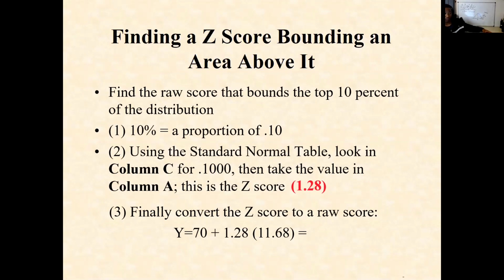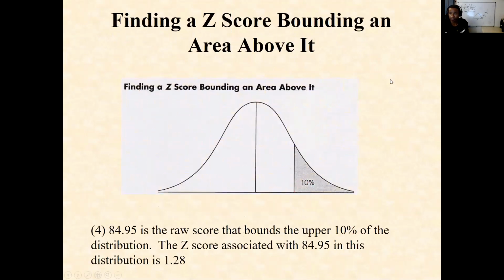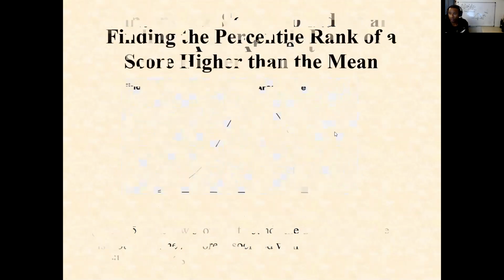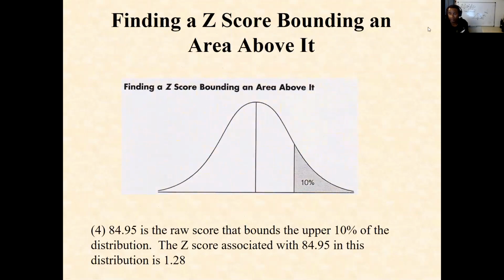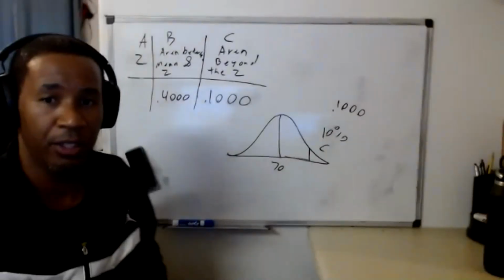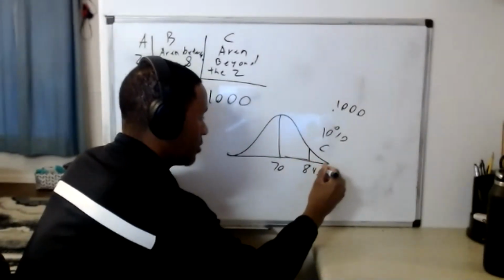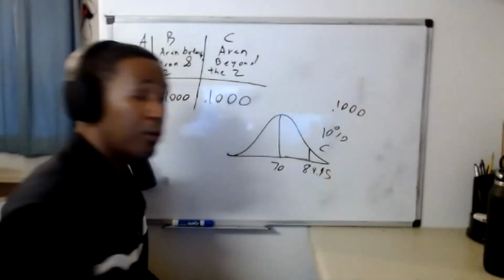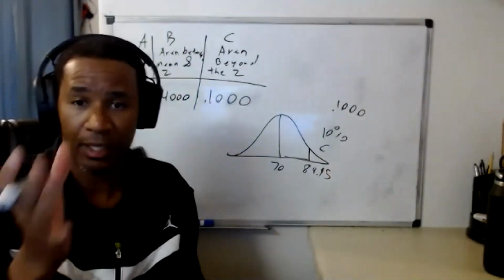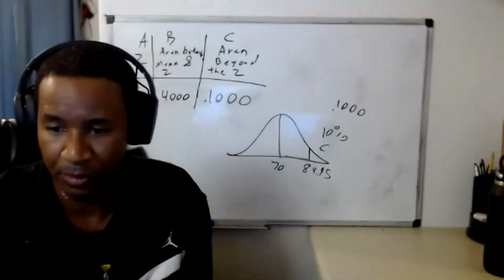We take this 14.95, add it to 70, and we're going to get a raw score of 84.95. So what raw score do you need to get to be in the top 10% of the distribution? You need a raw score which is equal to 84.95 to be in the top 10% of the distribution.